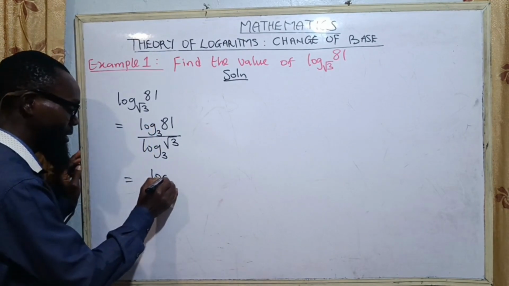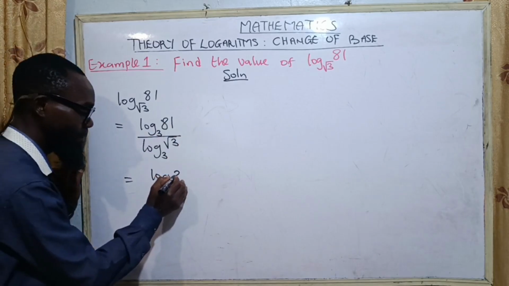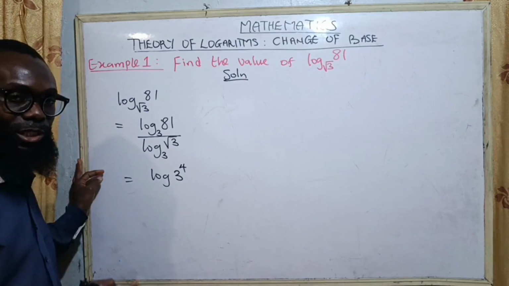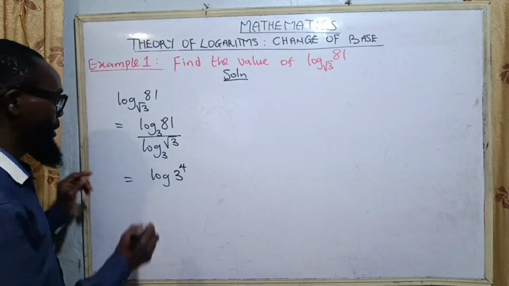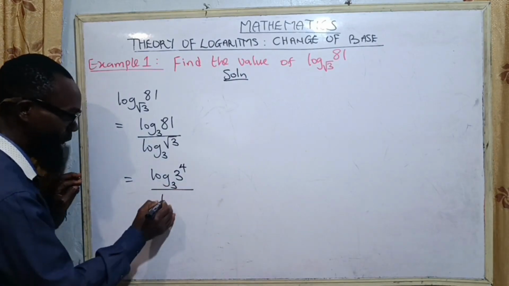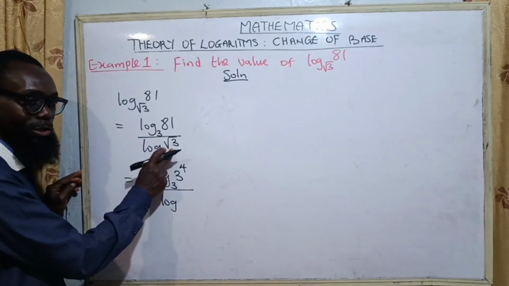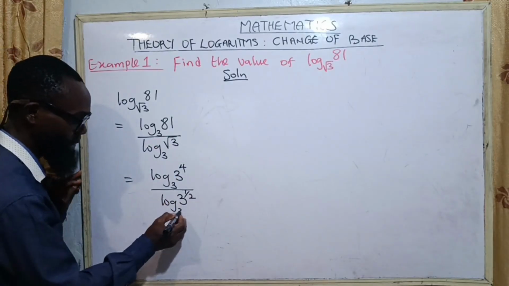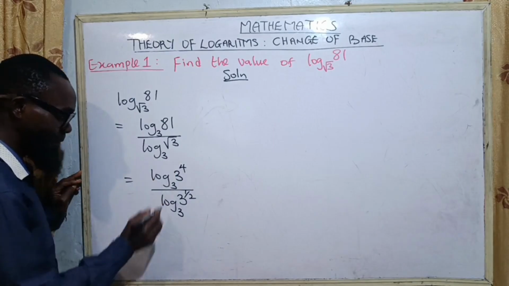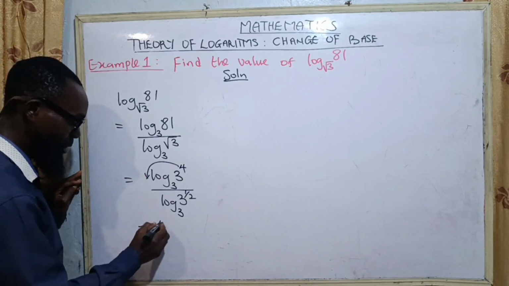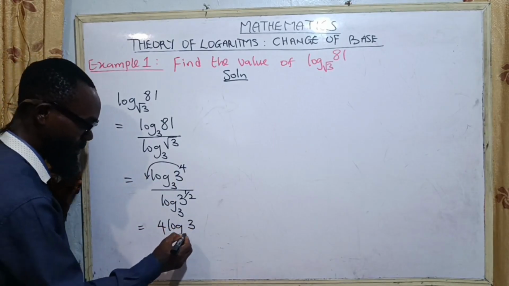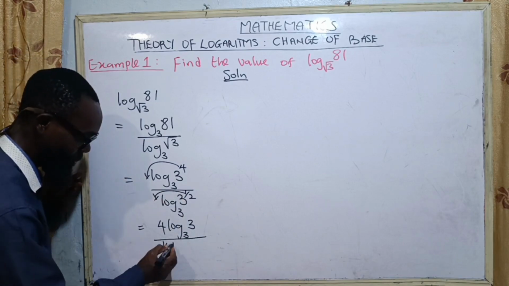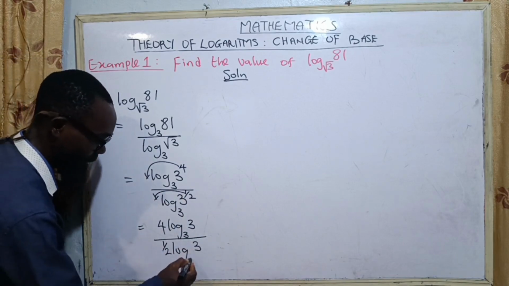So 81 could be written as 3 raised to the power 4. 3 times 3 is 9, 9 times 3 is 27, 27 times 3 is 81. So log 3 to the power 4 to base 3 over log of square root of 3, which means 3 raised to the power 1 over 2, to base 3. So this 4 comes here: 4 log 3 base 3 over 1 over 2 log 3 base 3.